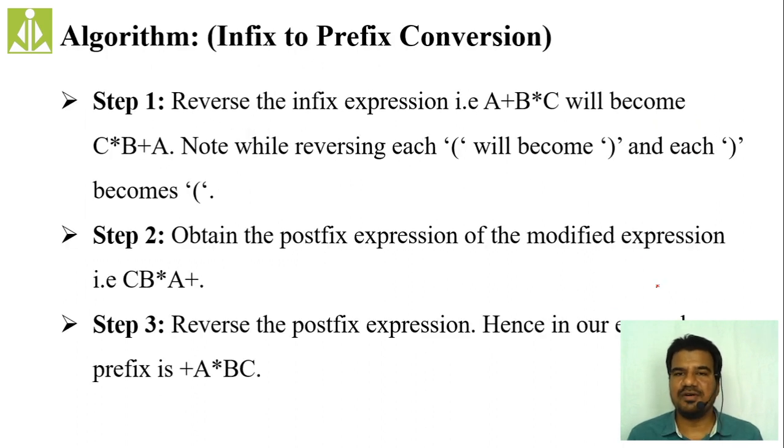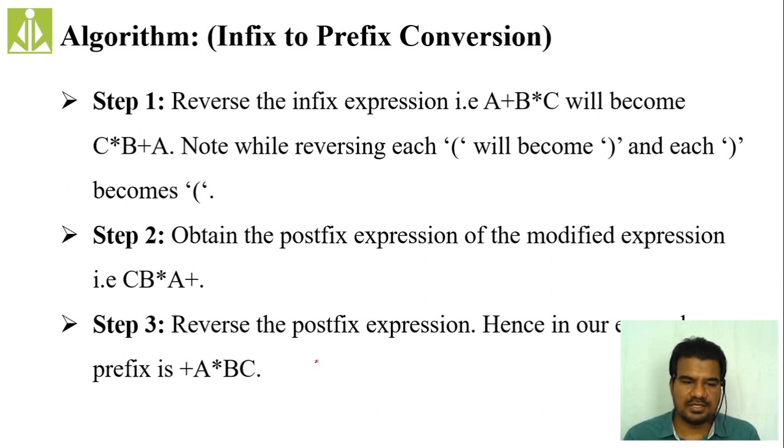So how we can convert the given infix expression into prefix expression means you have to follow this algorithm. Inside step 1, whatever expression they are giving, simply we have to reverse that given expression.